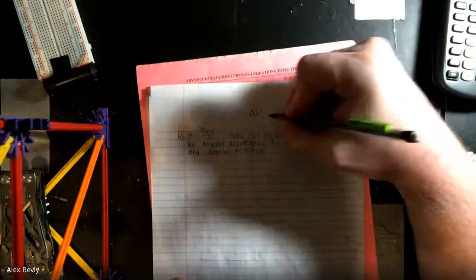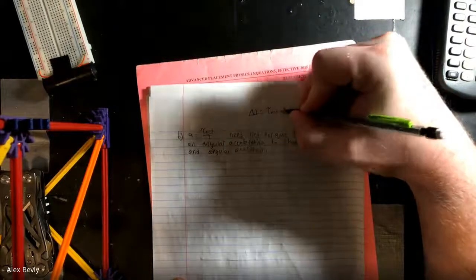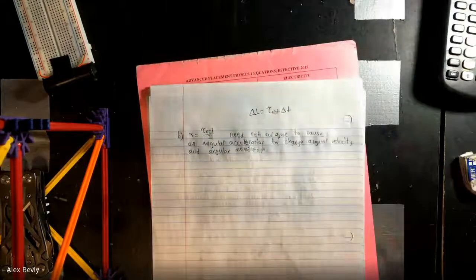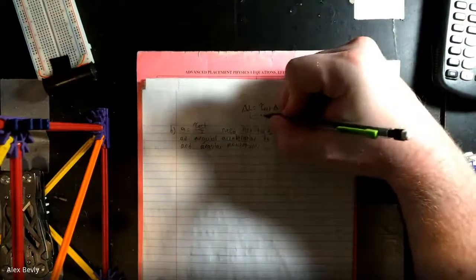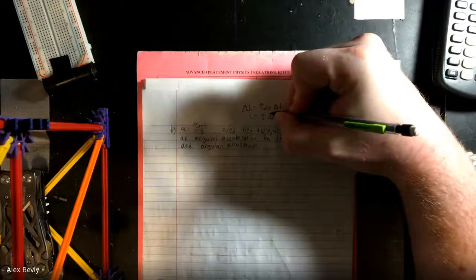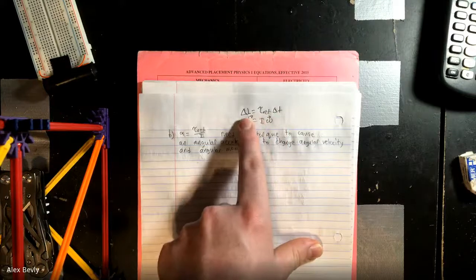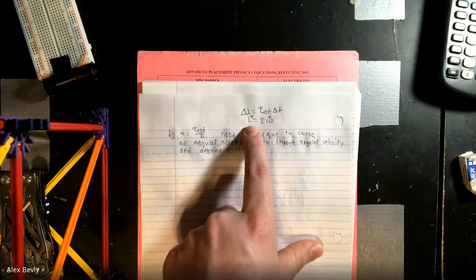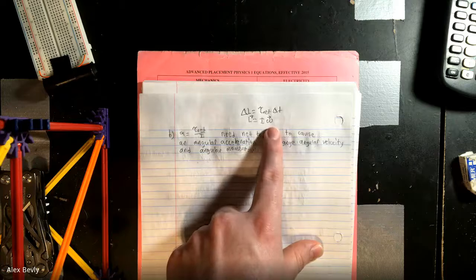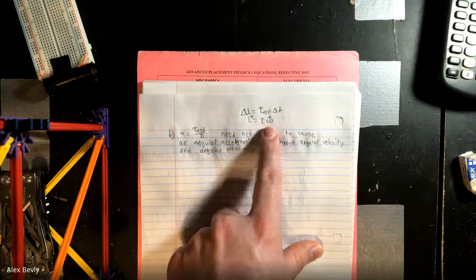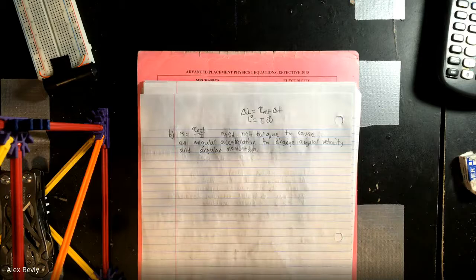We could do our change in angular momentum is net torque times time, our angular impulse equation. Or we could do angular momentum as moment of inertia times angular velocity. If I have a net torque over time, my angular momentum changes, or if I change my angular velocity, I change my angular momentum. Either of those paths should work.